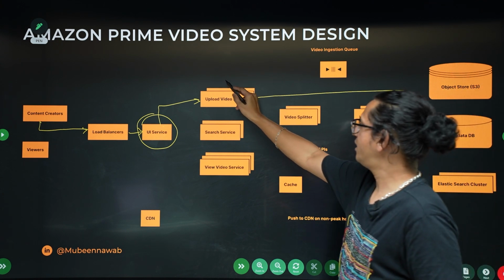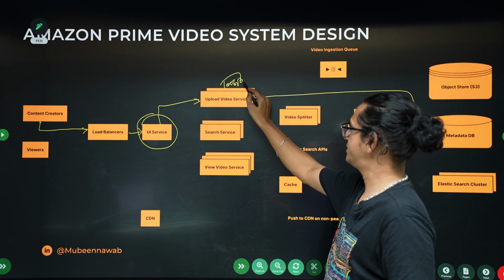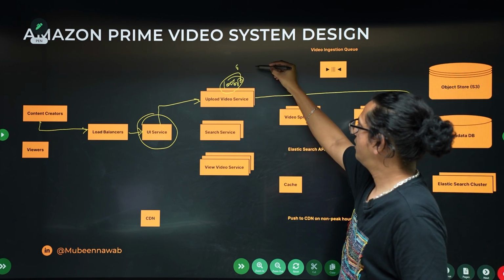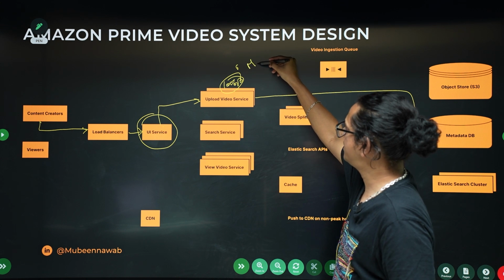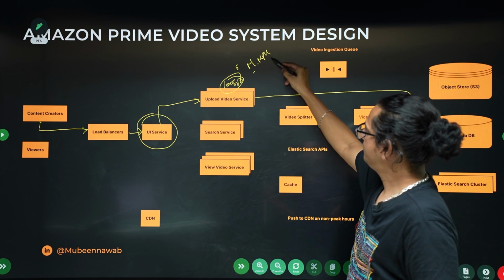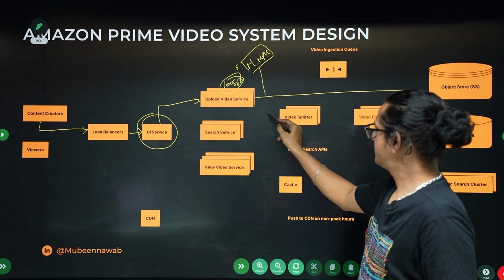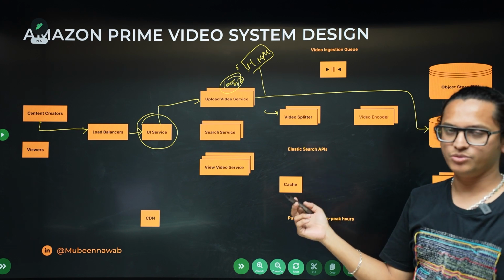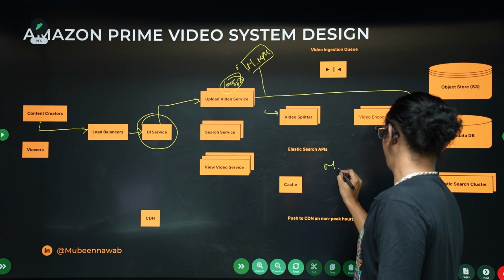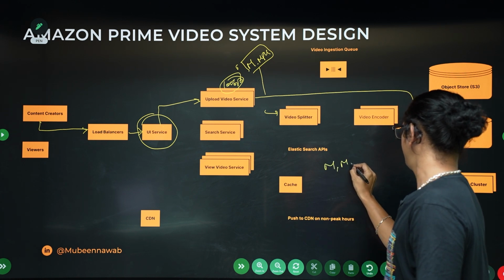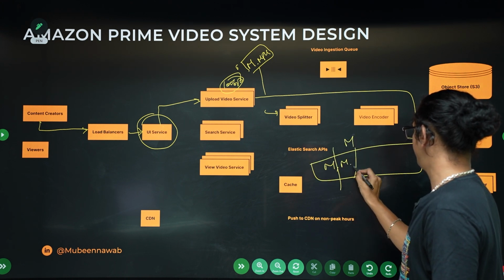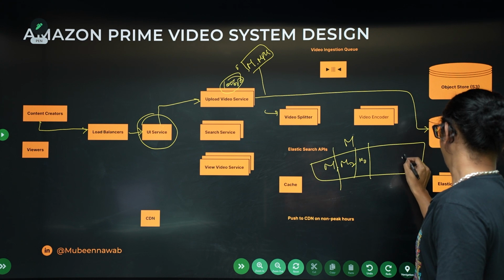Let's say the video is a 100 GB file in a single format, and I have named the file m.mp4. This file will get split using the video splitter into sections: if this is the m file, it gets split into m2, m3, m4 till mn.